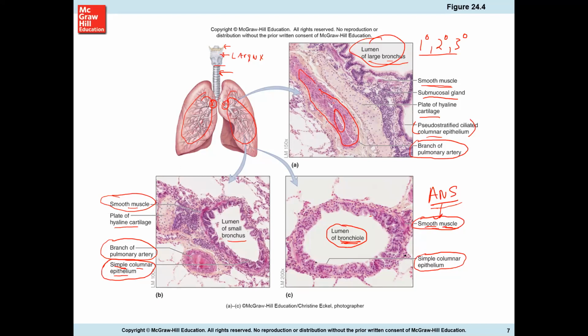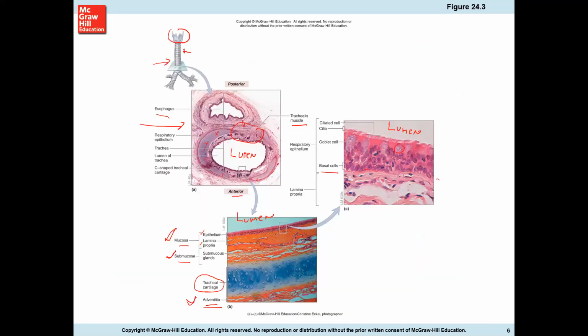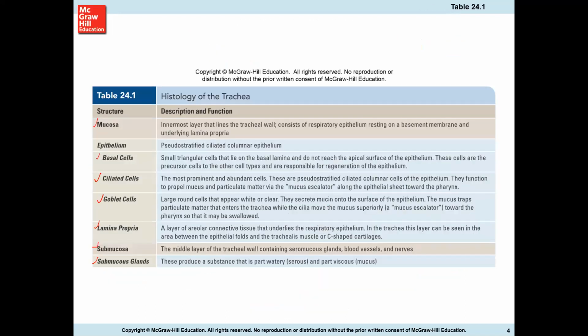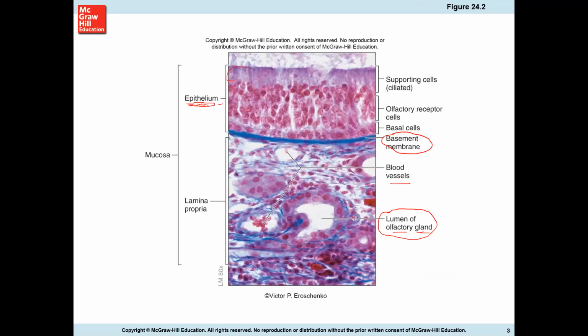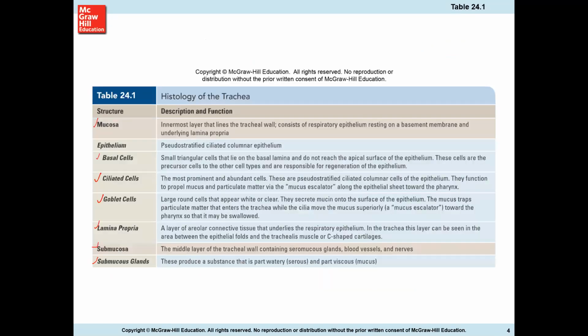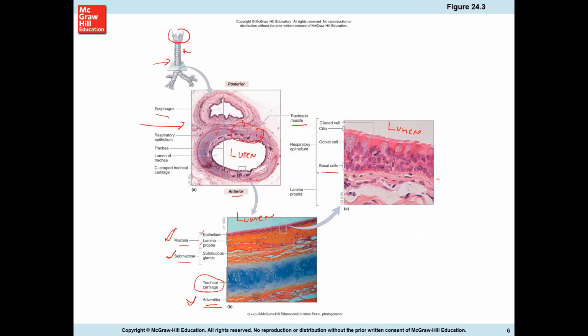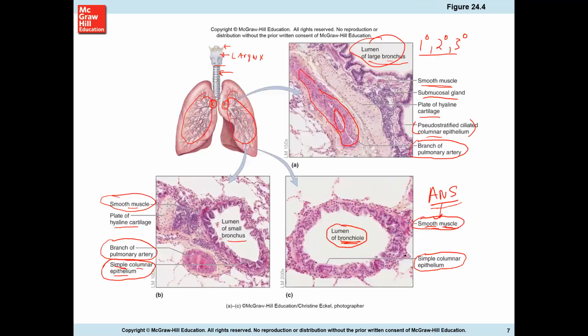So know this histology from the trachea or even the nasal cavity and the pharynx, right? Down to the trachea, into the bronchus, or bronchi, and then into the bronchioles. It changes, right?